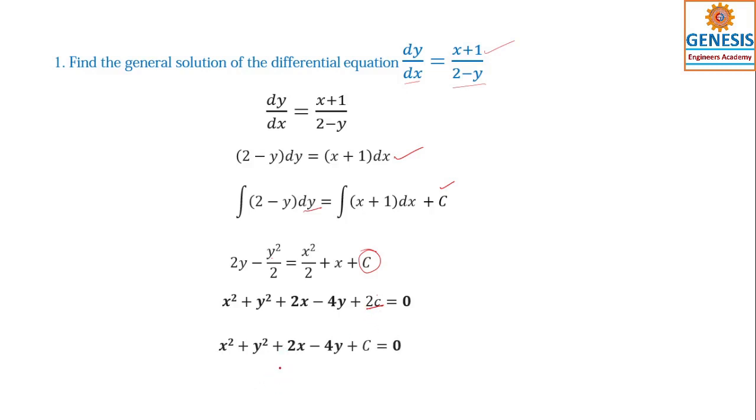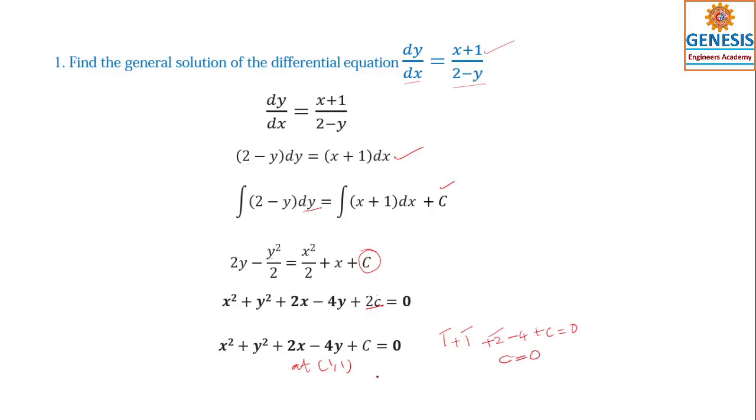Now find the particular solution at the point (1, 1). You have to substitute x equals 1 and y equals 1. So 1 square plus 1 square plus 2 into 1 minus 4 plus c is equal to 0. So 1 plus 1 is 2, plus 2 is 4, minus 4 is 0, so c is equal to 0.